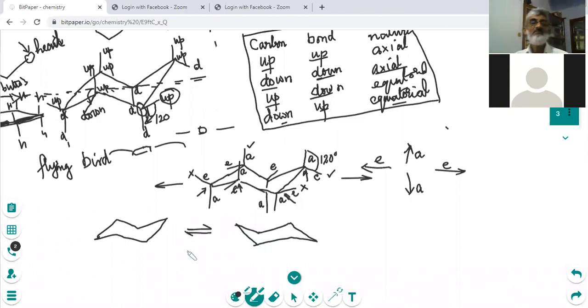What has actually happened is I have brought this down, pressed it down, and pressed this up. Okay. So it becomes this form. This is called chair flip.